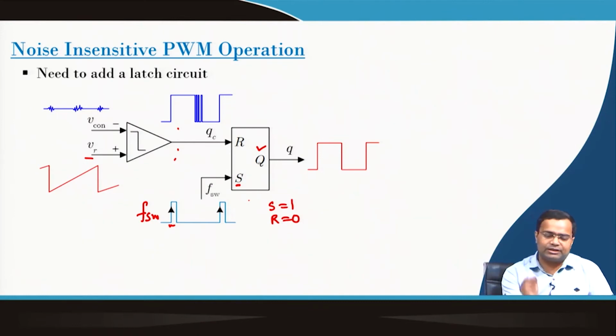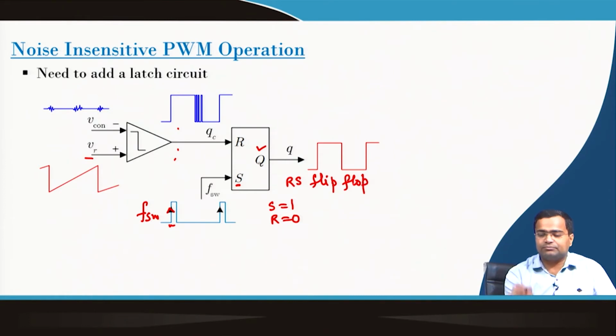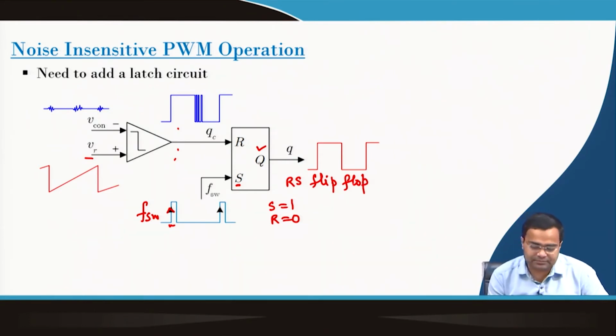So, here we are just using an RS flip flop. In the RS flip flop, it works on the edge. When the first edge comes, this is an RS flip flop, not an RS latch.